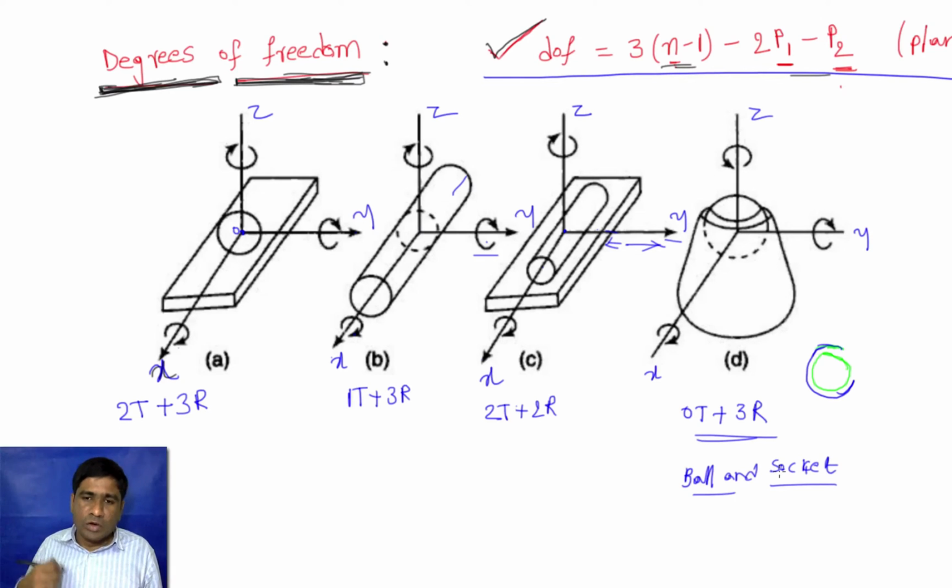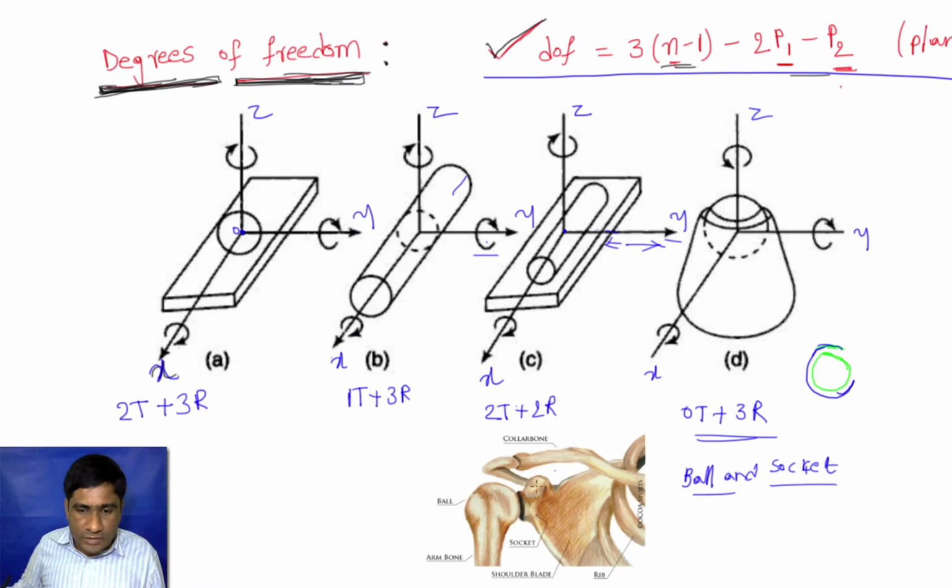In our human body we have many pairs of these ball and socket joints. For example, our shoulder is the best example. This is the shoulder, and this is the hand. The hand is the ball; it looks like a sphere, right? And this is the groove or socket, that is our main body.